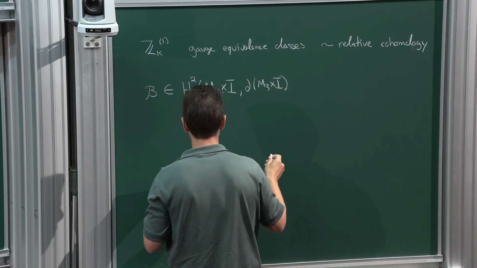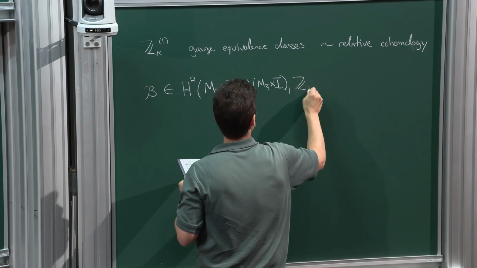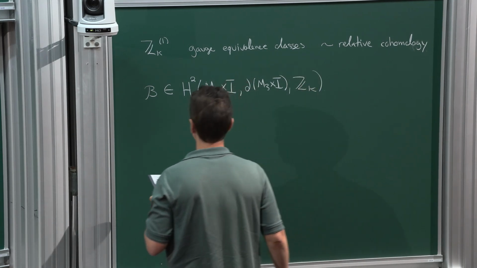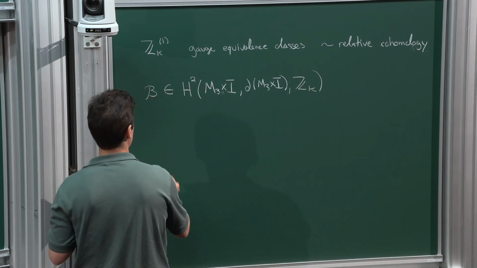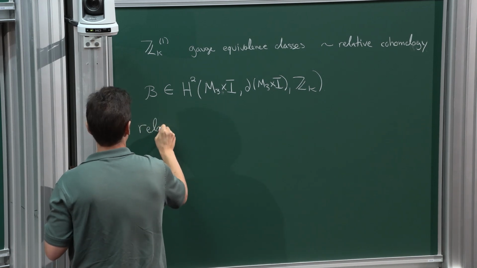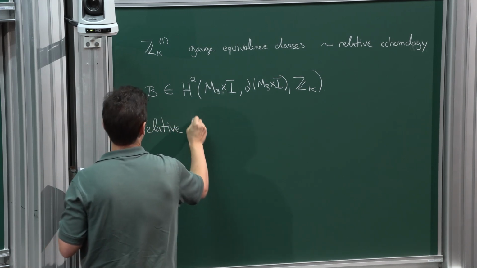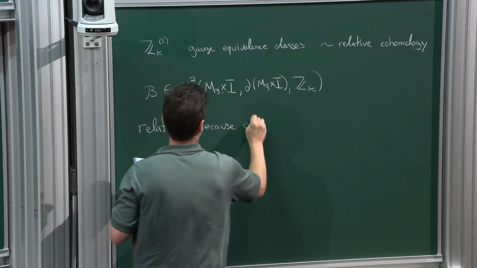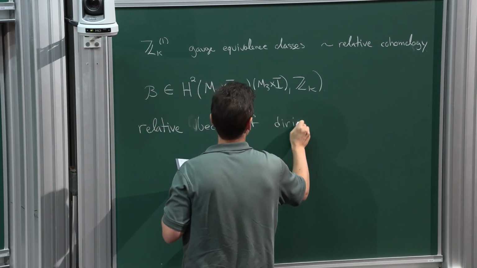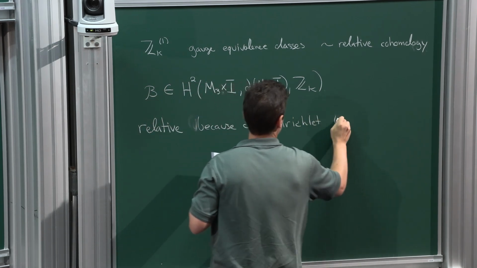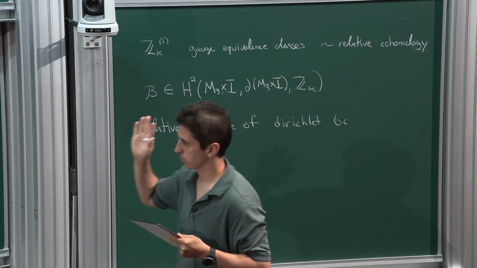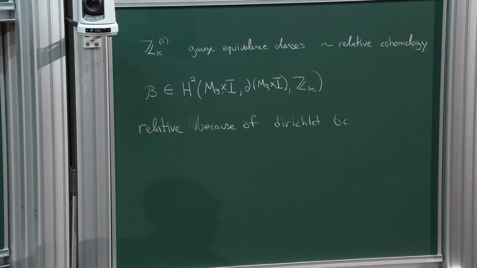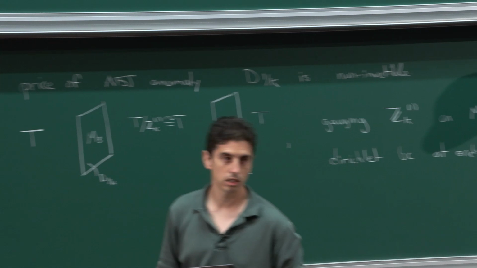Why relative to the boundary? Because we're doing Dirichlet boundary conditions. So that means the gauge field is prescribed to be 0, to trivialize at the ends.